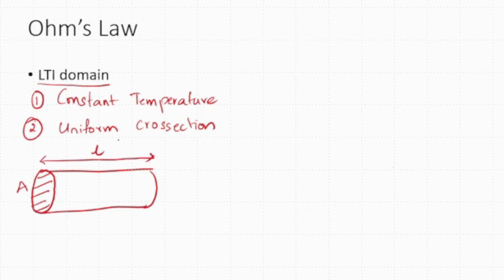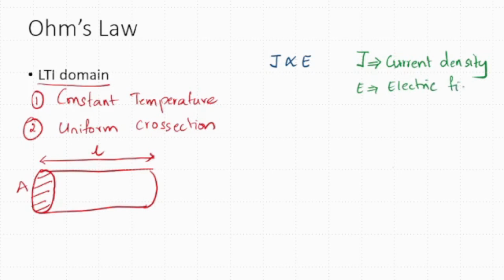Fine. ఇప్పుడు మనకి ఏమని తెలుసు, LTI domain లో J is proportional to E. What is J representing here? J is actually representing current density and what is E representing? E is representing electric field. Yeah.